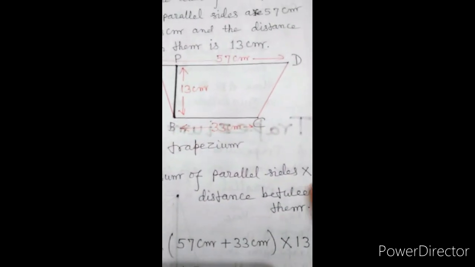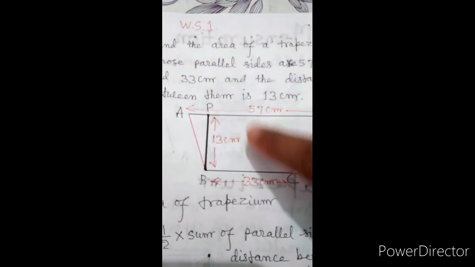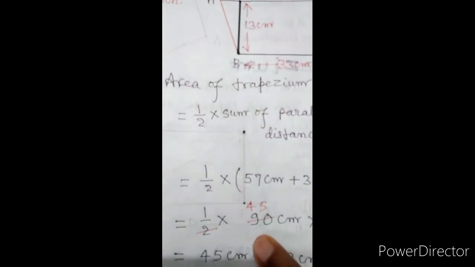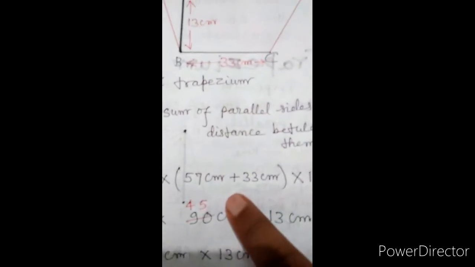Area of trapezium is equal to half into sum of parallel sides into distance between them. Distance is 13 centimeter. Is equal to half into 57 centimeter plus 33 centimeter into 13 centimeter.